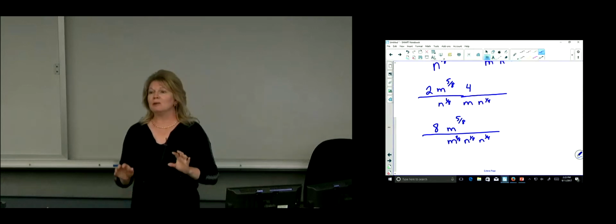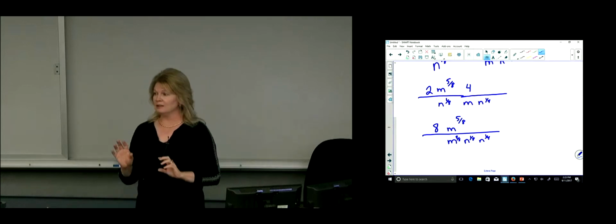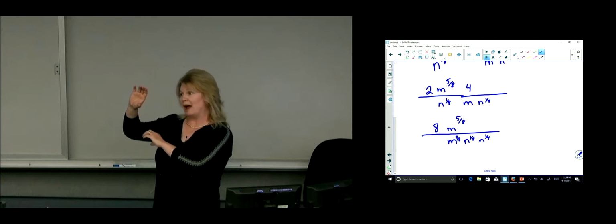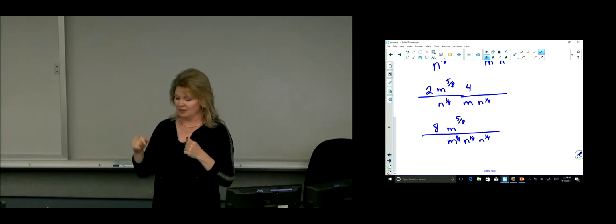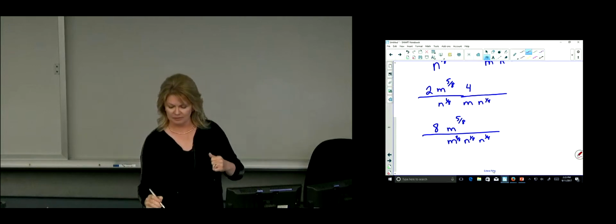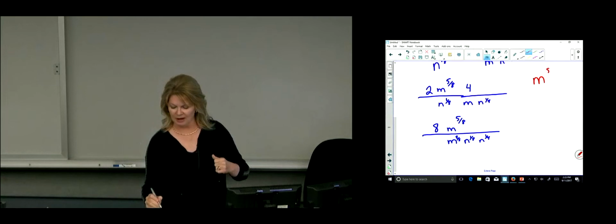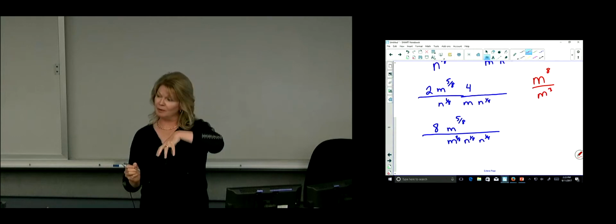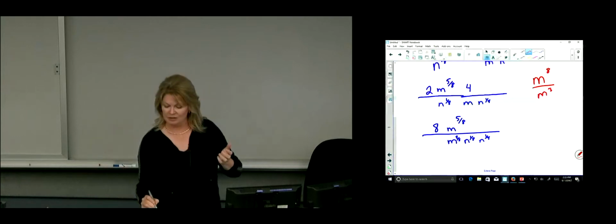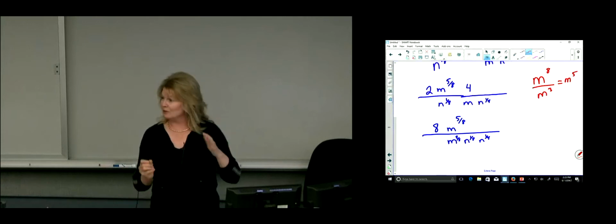Now, this is where I think it's easier to think to myself, I'm going to be subtracting, and I just need to know where my answer is going to end up. If I had something like m to the 8th over m to the 3rd, I would have 8 of them on top, 3 on the bottom, so I'd have 5 of them left. So the answer would be m to the 5th.